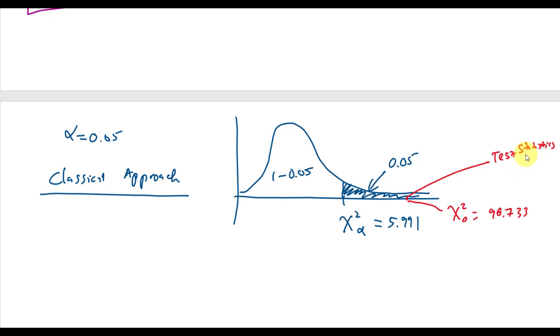And because this area right here is the rejection region, and because the test statistic is inside the rejection region, therefore we reject the null hypothesis.